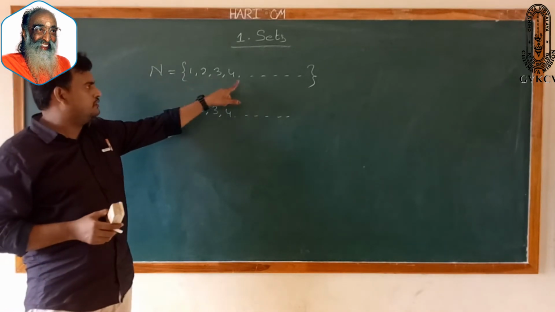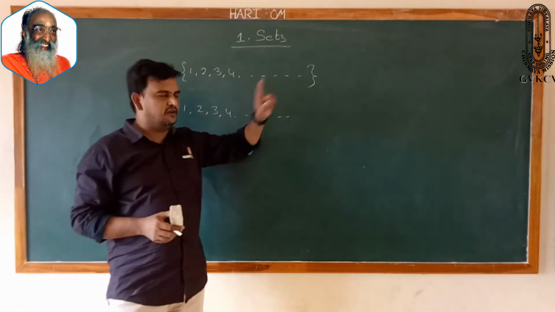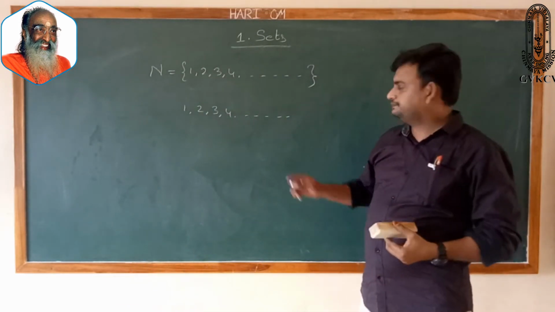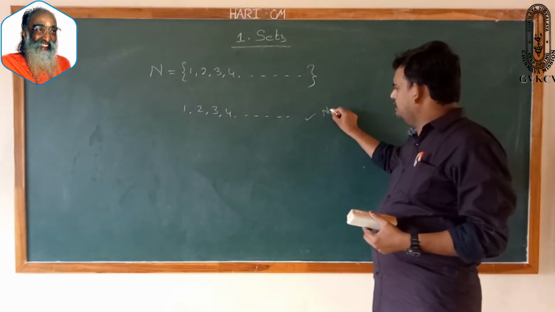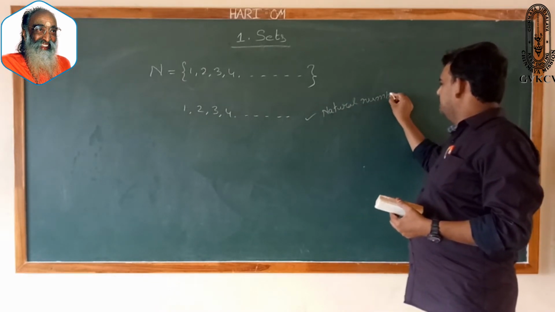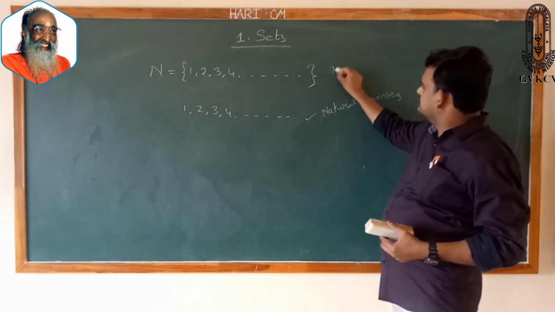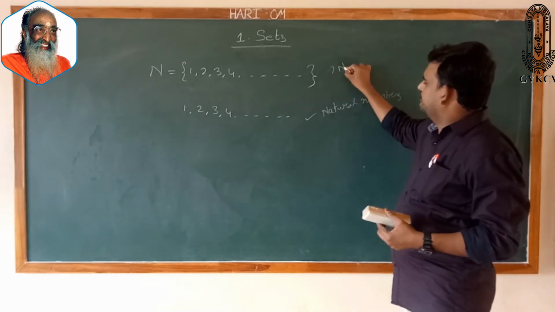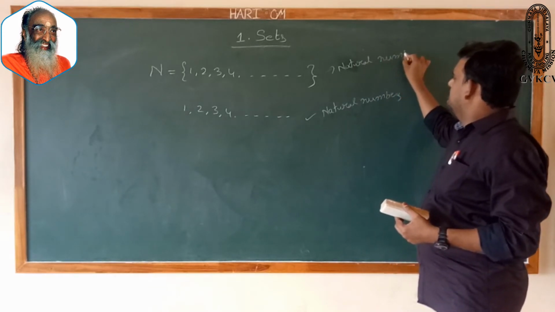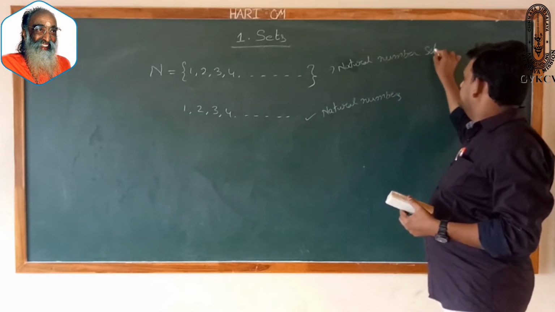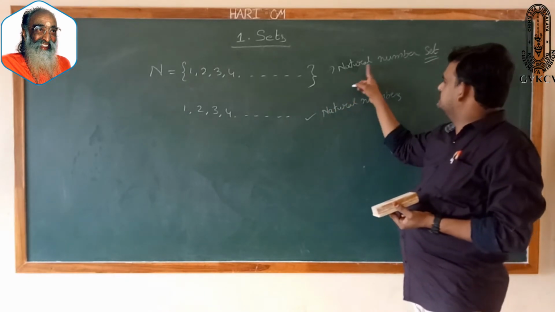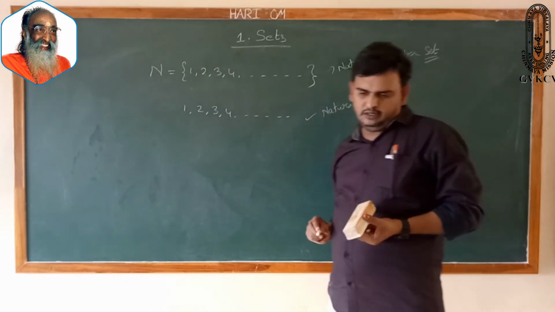Here 1, 2, 3, 4 which are represented within the flower bracket is called the natural number set. These are simply called natural numbers. This is nothing but called the natural number set. So the difference: these are just natural numbers, this is nothing but the natural number set.